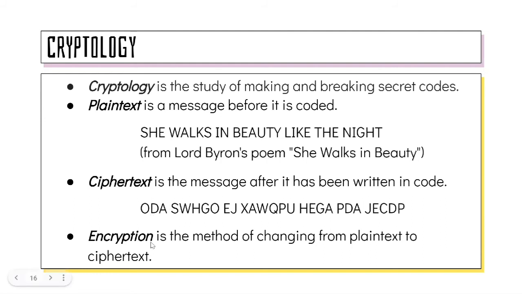And encryption is the method of changing from plain text to cipher text. So the process of changing from plain text to cipher text is what we call encryption. The coded text is the cipher text.